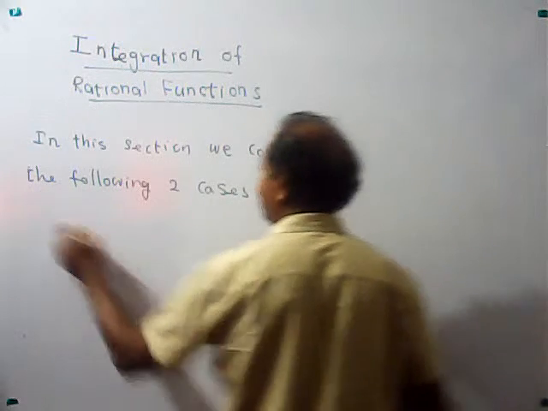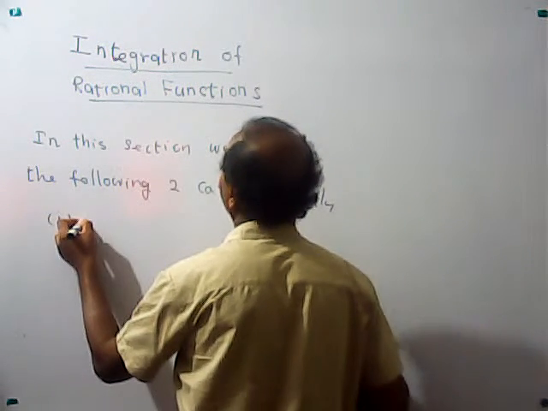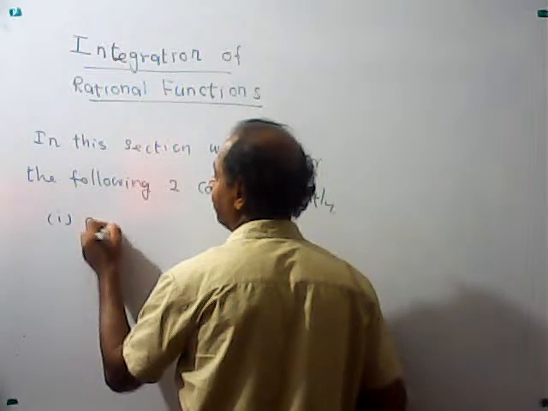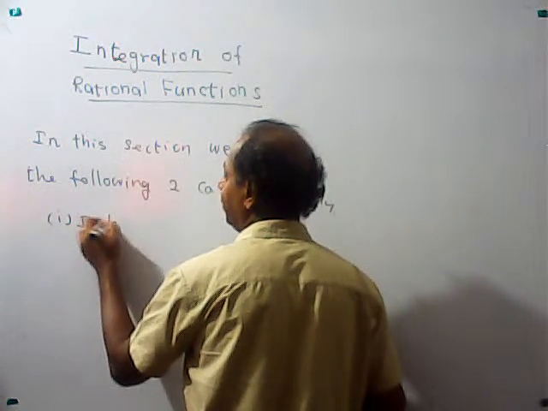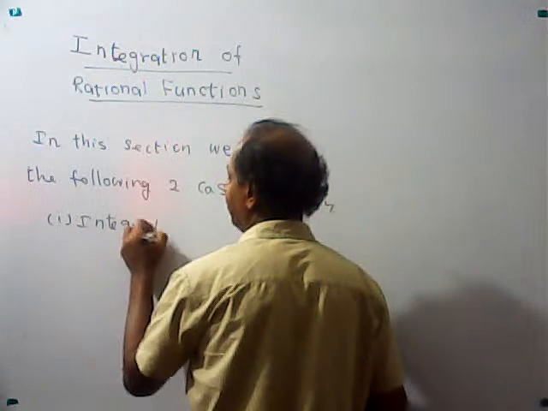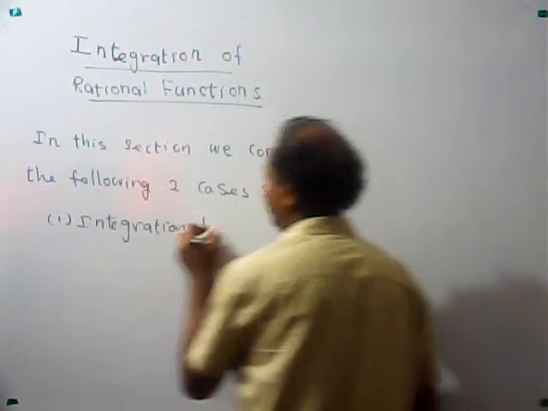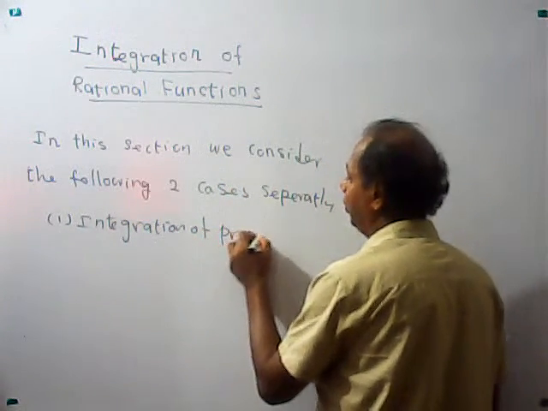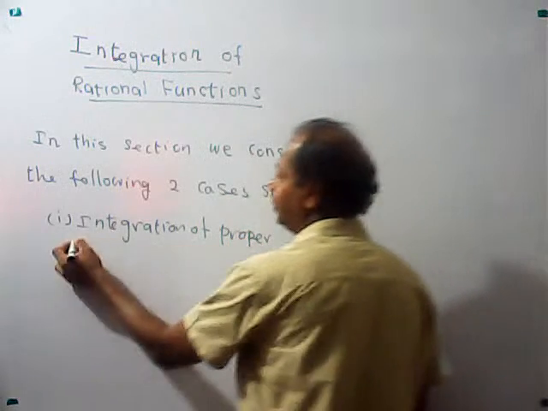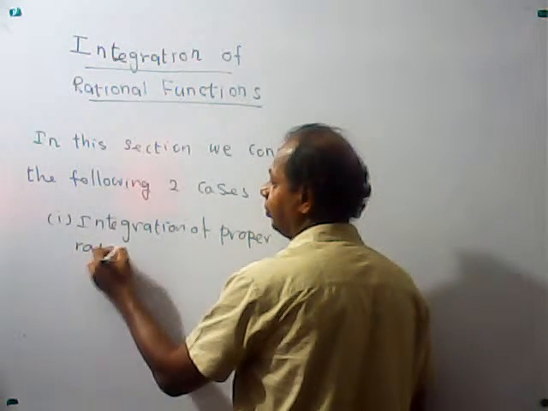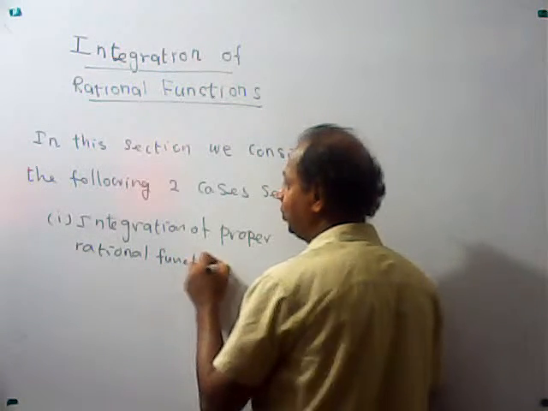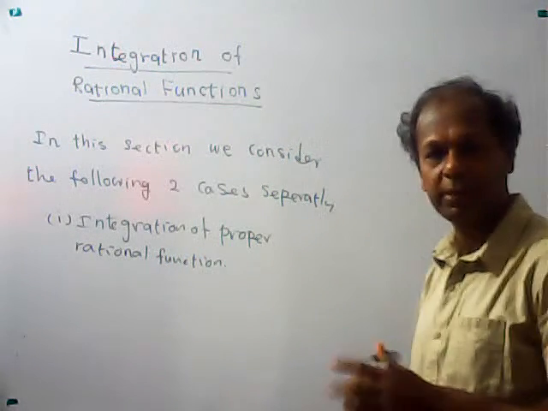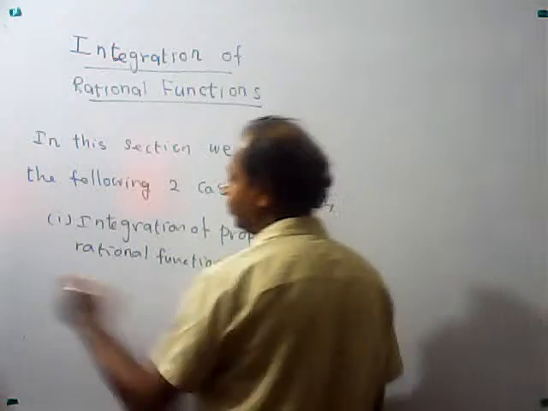What are the two cases? Number one, integration of proper rational functions. Then we will come to integration of improper rational functions.